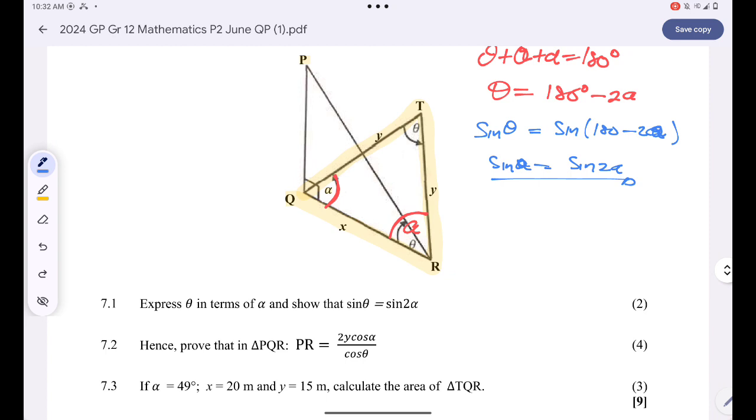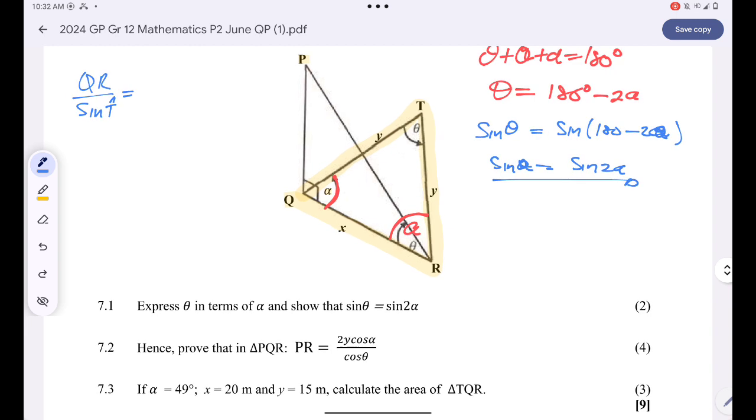I know that QR over the sine of angle T is basically equal to, I'll take any side, let's take side TR over the sine of angle TQR.